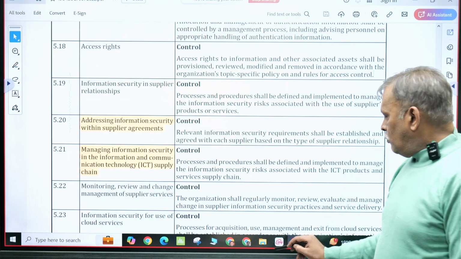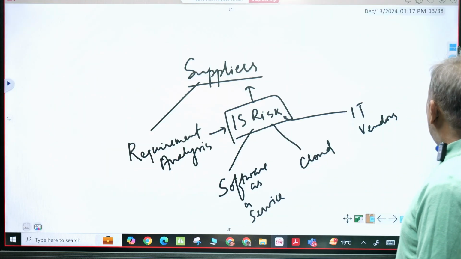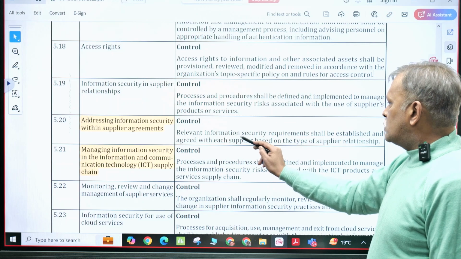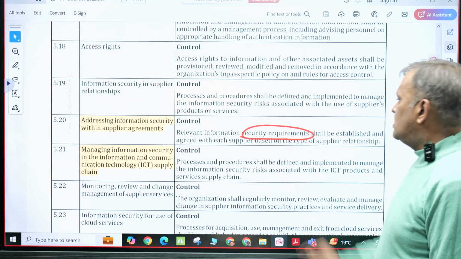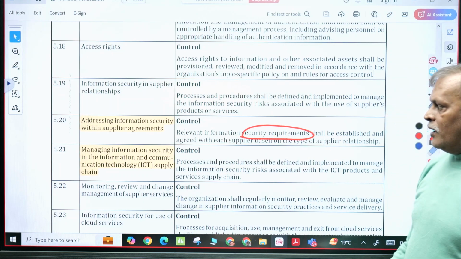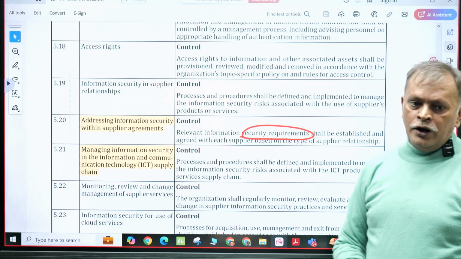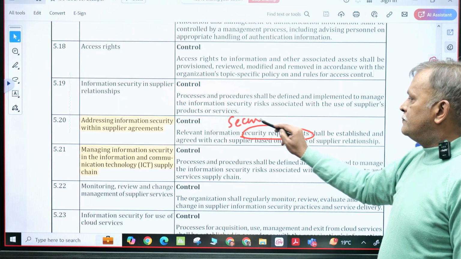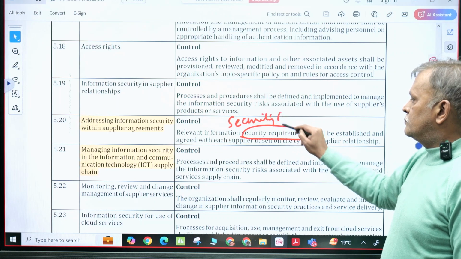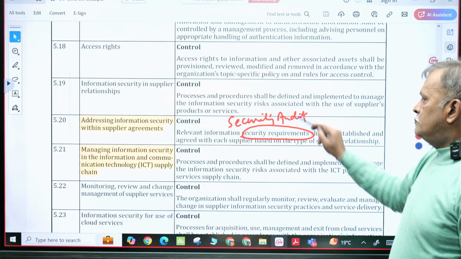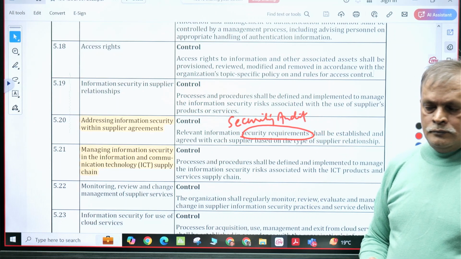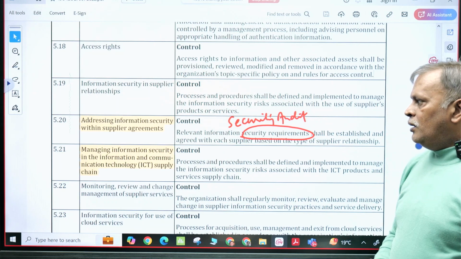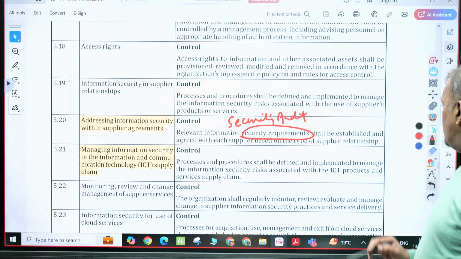So ISO 27001 requires you to start looking at addressing all your security requirements with that supplier in the form of supplier agreements. So maybe a security audit could be a mandate. Any vulnerabilities that you have identified vis-a-vis the supplier must be addressed as part of your 5.20.